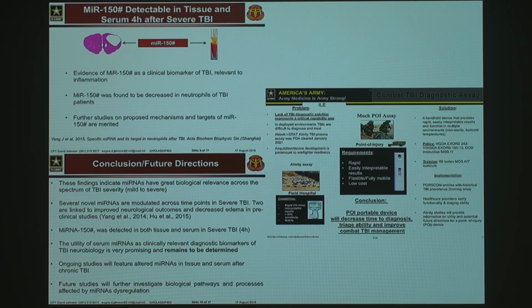And so in 2021, the ISTAT Alinity Traumatic Brain Injury Plasma Assay was released and able to be used, fielded, and it's now being used in combat settings. And what this device does is it detects changes in proteins that indicate traumatic brain injury.